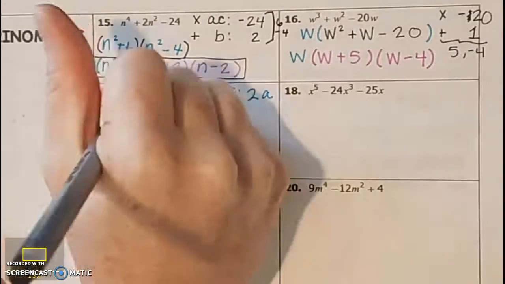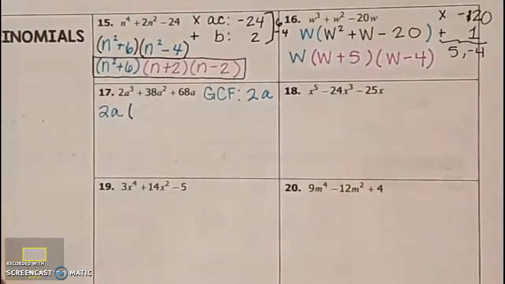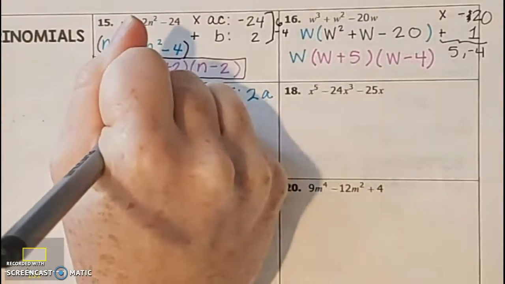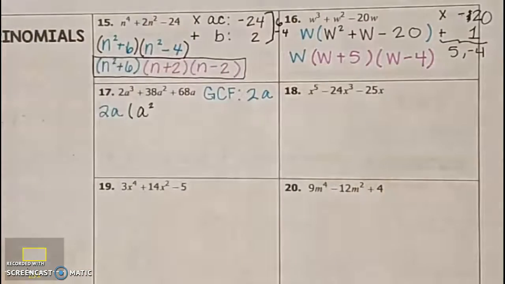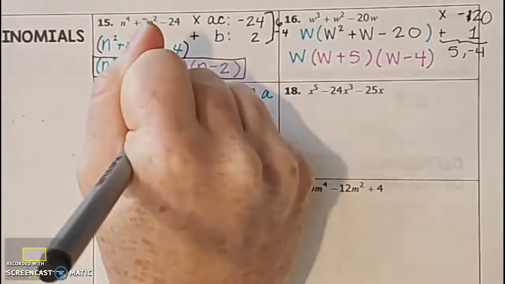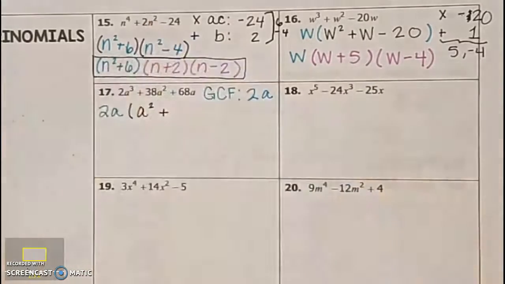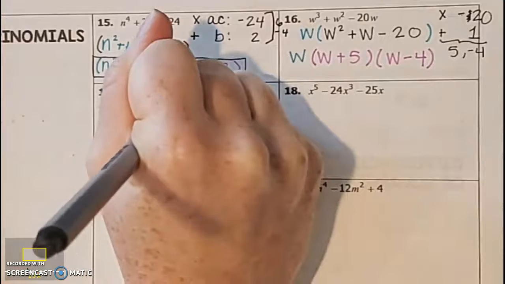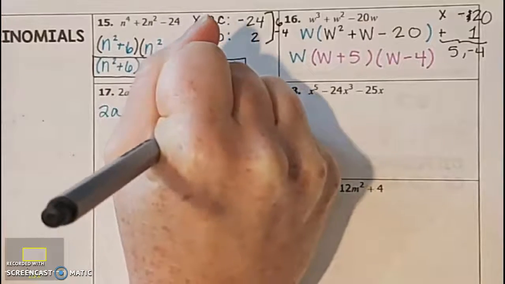And inside, we're going to be left with a squared plus, and then we have to do 38a squared divided by 2a, so that's going to be 19a, plus 34.